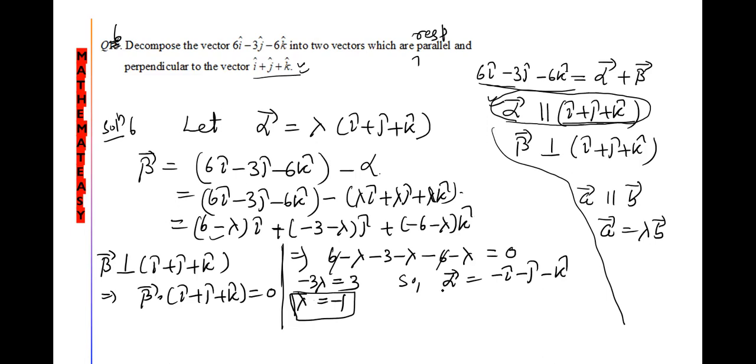And your beta vector is 6 minus lambda, which means 6 minus of minus 1, 7i cap, minus 3 plus 1, minus 2j cap, then minus 6 plus 1, minus 5k.